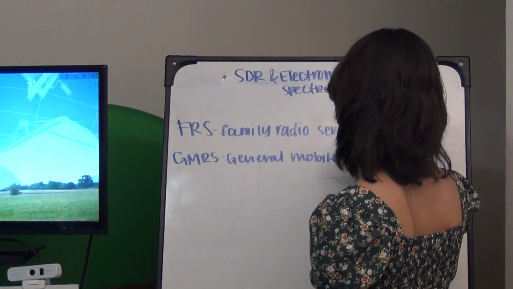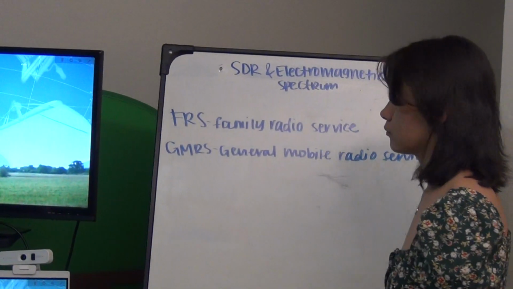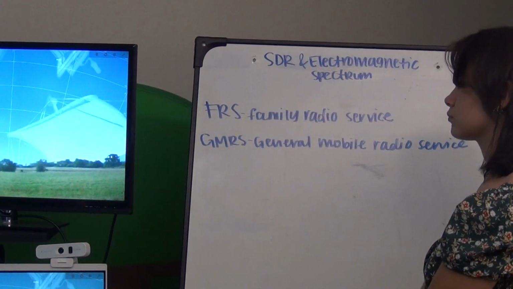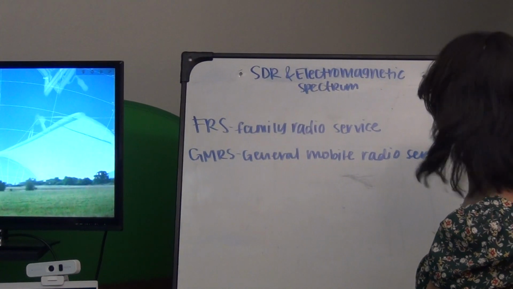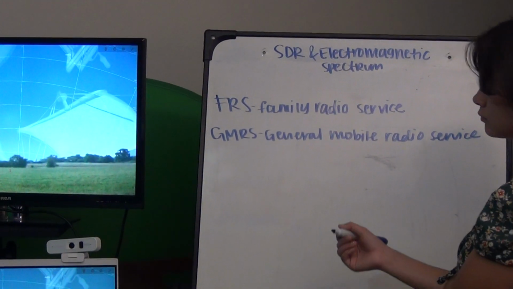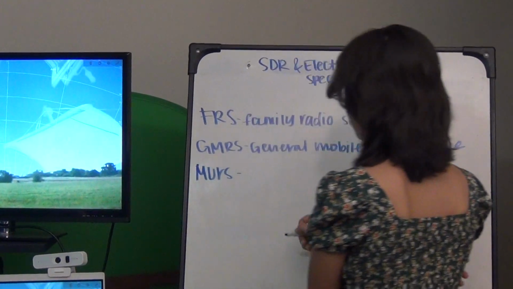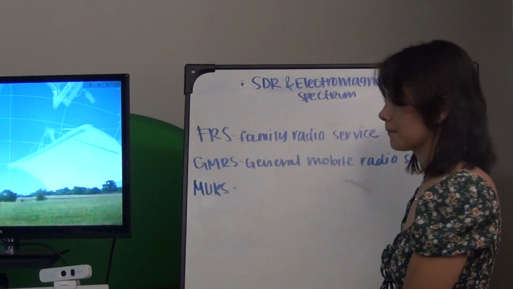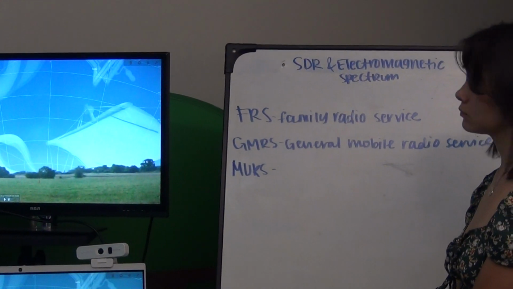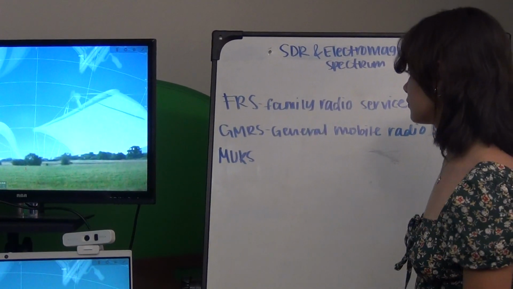That one takes a license, but all you have to do is buy the license. No tests, no knowledge. It's good for the house, so my grandkids can use it when they're here. Anybody in the house can use it. So it's kind of a license for a house. The next one is MURS, M-U-R-S. And we have these radios that are made special for those three things.